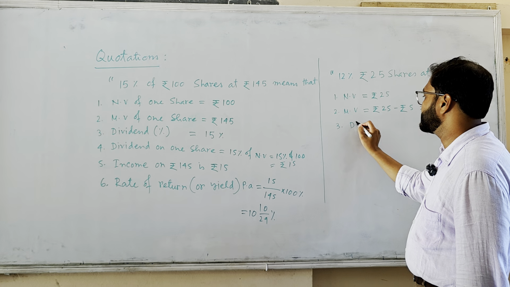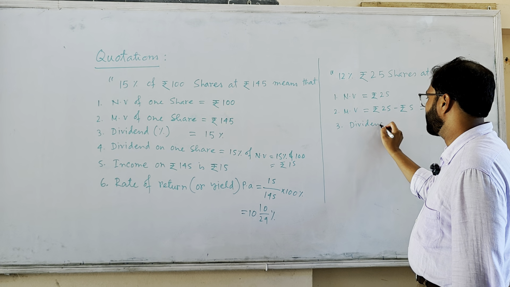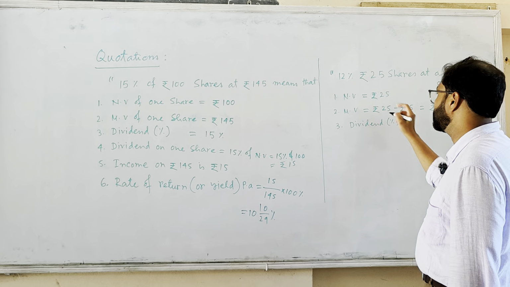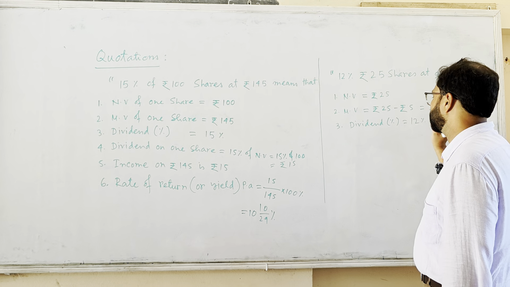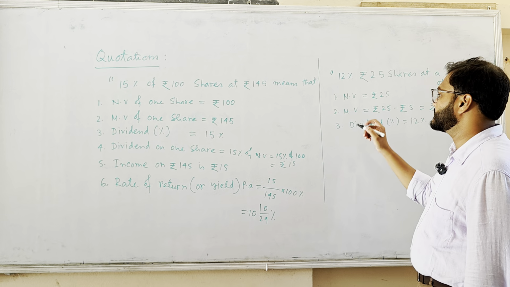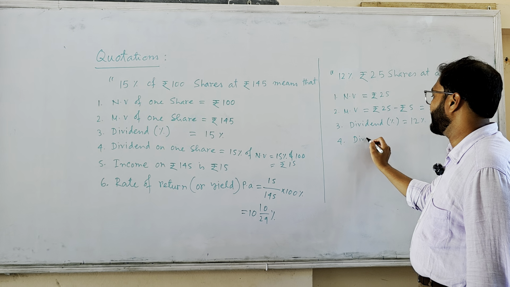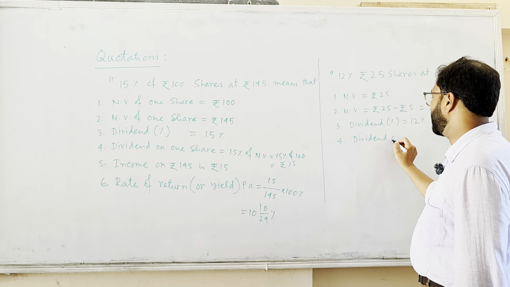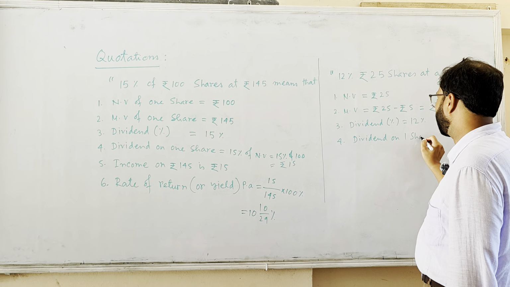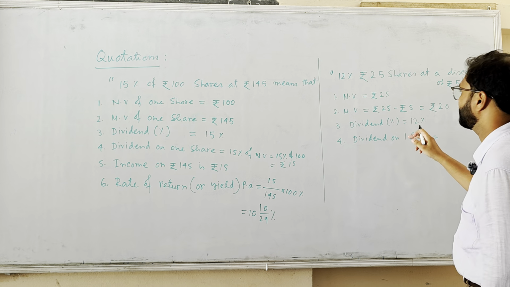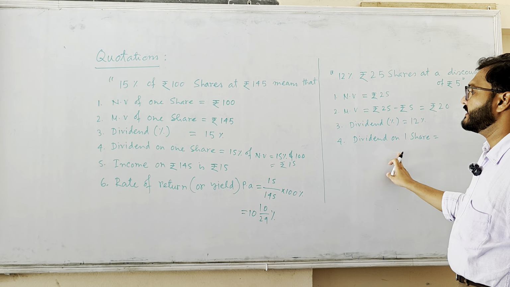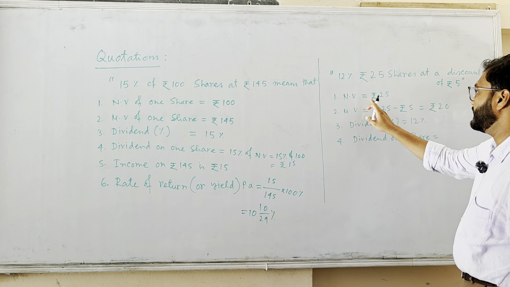Then the dividend percentage. Here the dividend percentage is 12%. And number 4, the dividend on one share. It will be calculated on the nominal value.